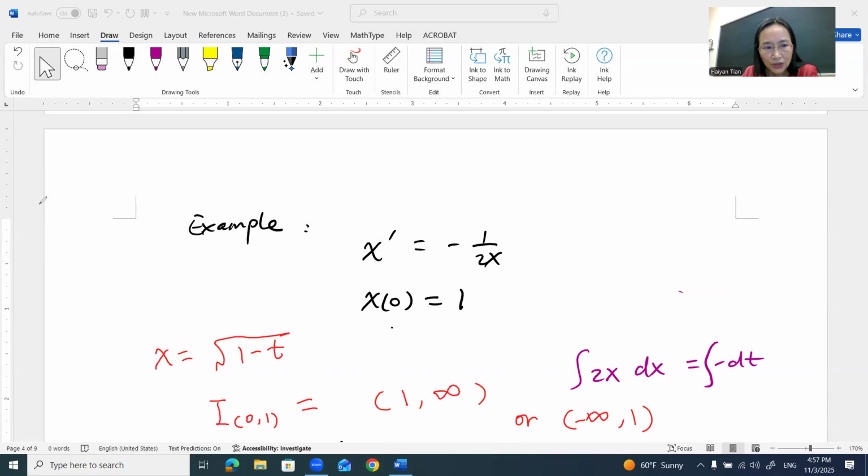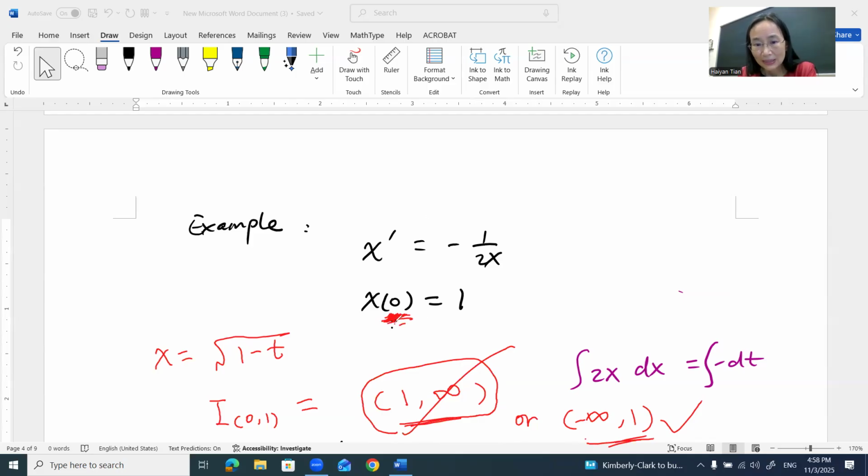Here the initial data is given when t is 0, right? So the interval must include 0. So let's see which side. This one does not include 0, but this interval, yes, has 0 in it. So 0 has to be in this time interval because initial data is given when t is 0. Yeah, 0 is part of this interval.